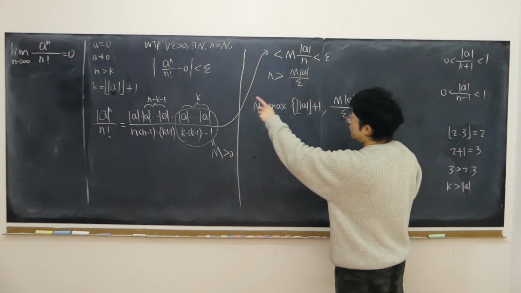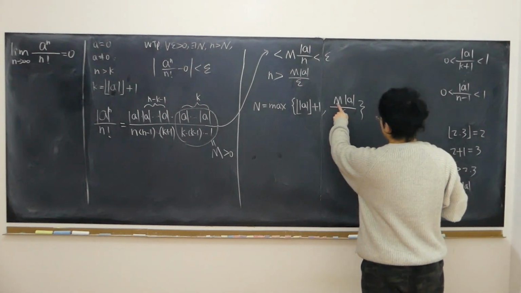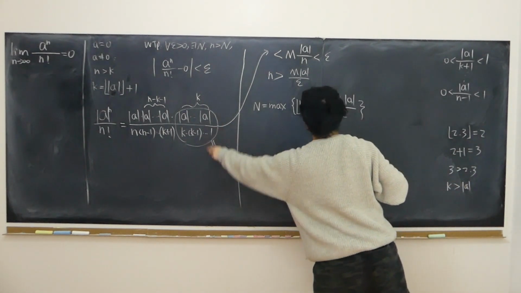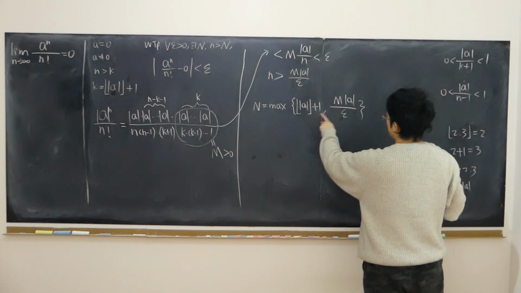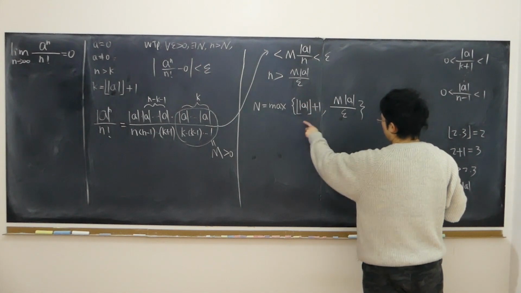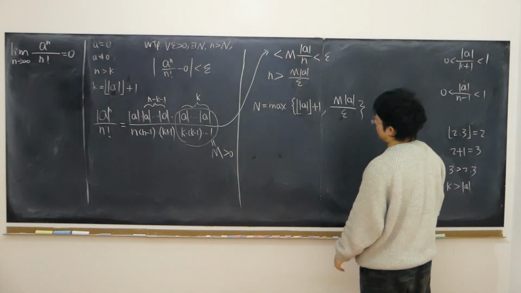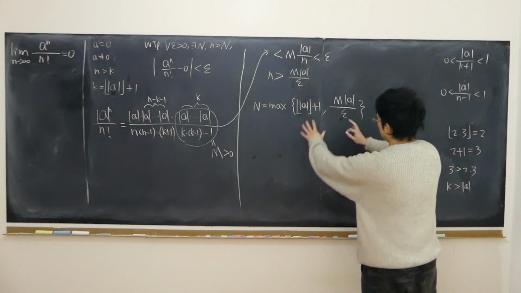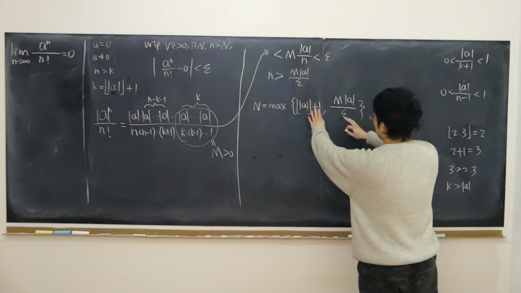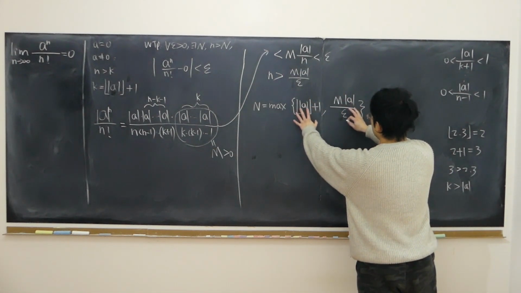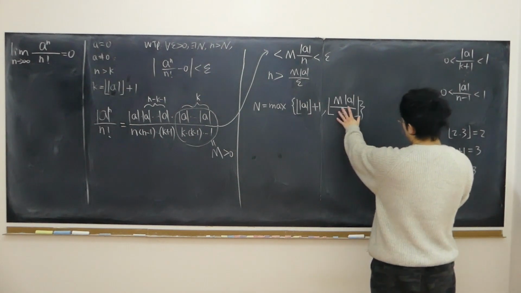So epsilon is any given fixed positive. M is also fixed, I've shown. Absolute value of A is also fixed, right? Absolute value of A, floor, plus 1 is also a fixed positive integer. Therefore, as long as I can take the larger one out of those two, first of all, this is also a floor, right?